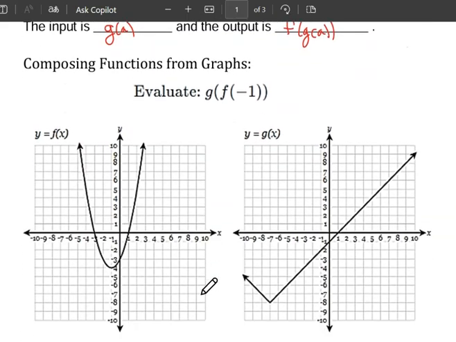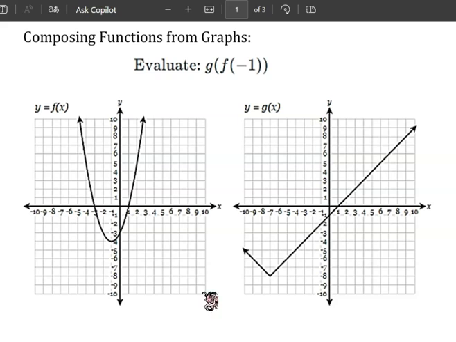Composing functions from graphs. Evaluate g of f of -1. So this will be the first input into the f graph. When x is -1, we look at the graph, the y is -4.